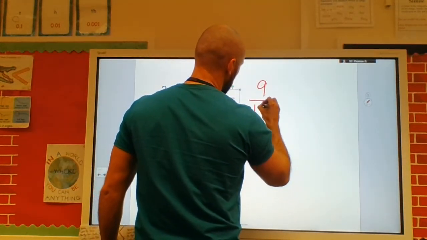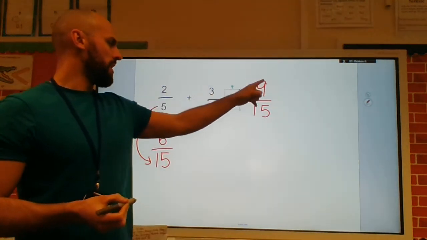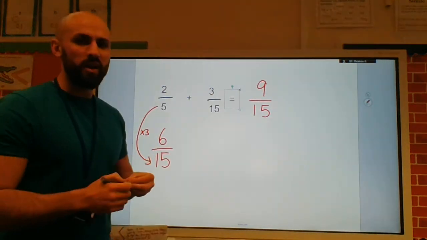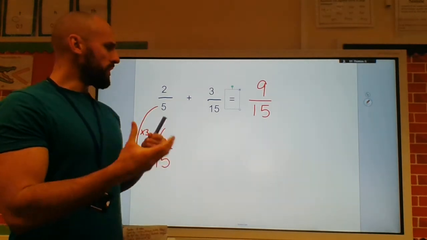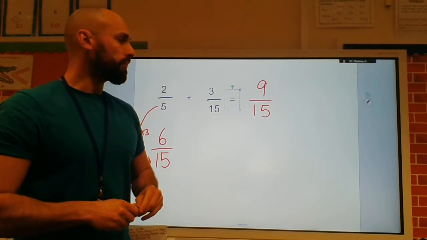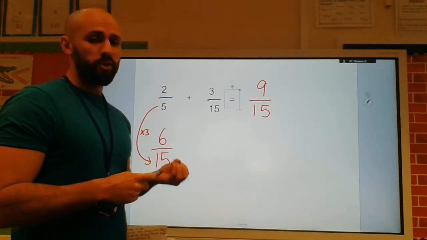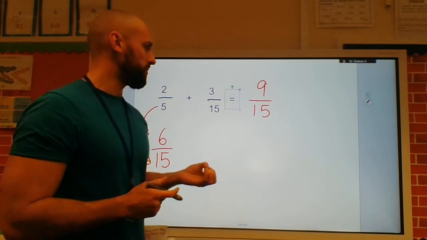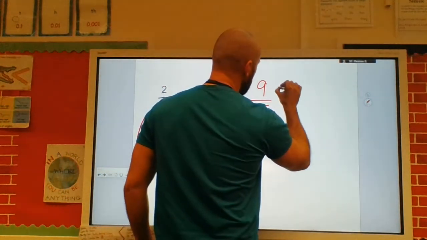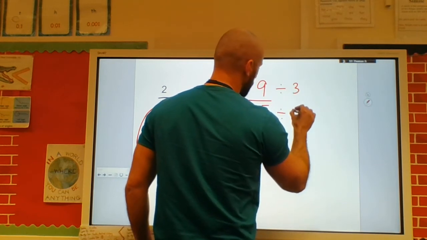9/15. Then again, I've got to think about the numbers 9 and 15 and think, do they have any common factors? Which numbers are they both divisible by? And well, I do recognise those, and I know they both appear in the 3 times table. So I can divide both by 3 to simplify them.